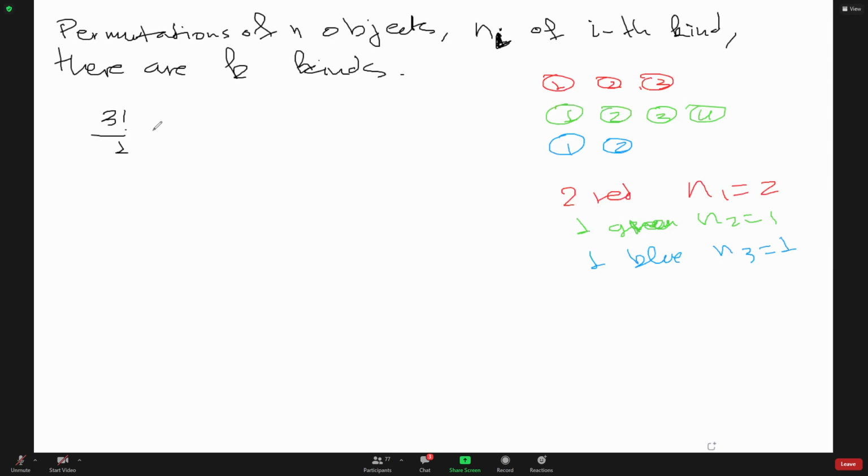For green ones, 4 factorial over 3 factorial, because 4 minus 1 is equal to 3. And for blue ones, 2 factorial over 1 factorial, because 2 minus 1 is equal to 1. So it should be the result, I think.